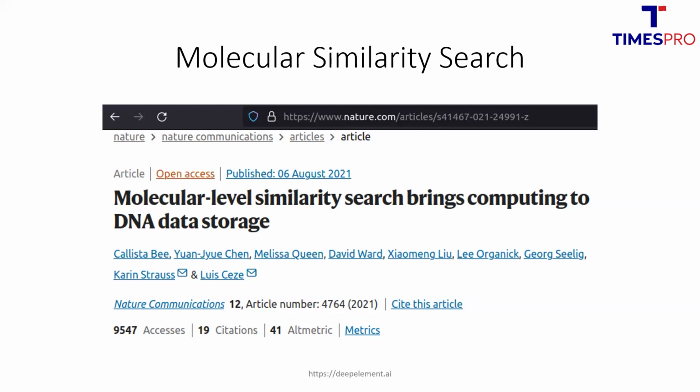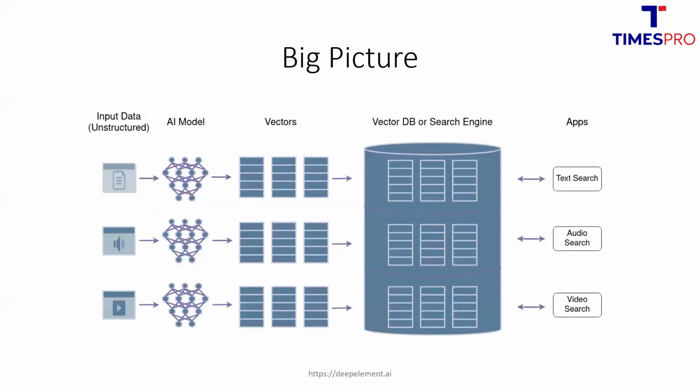They applied that to convert the DNA string into a vector, and they have stored the DNA information of various entities in their vector database. The useful thing about this is that whenever they want to find DNAs which are similar to a particular DNA, the search happens very fast. So this is yet another use case.